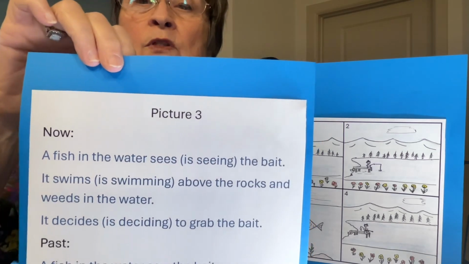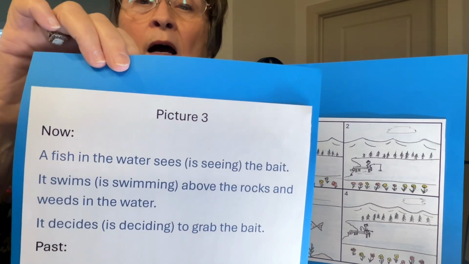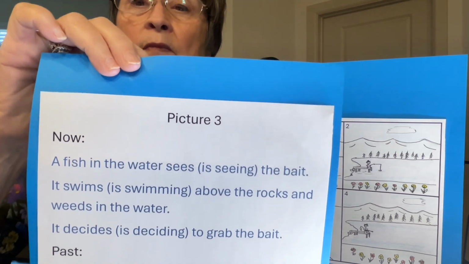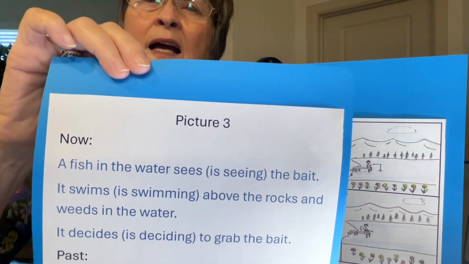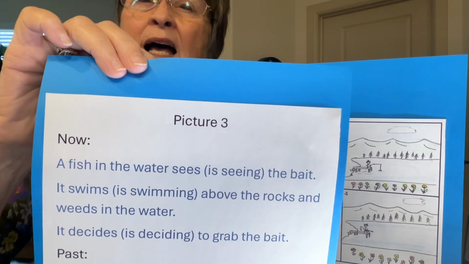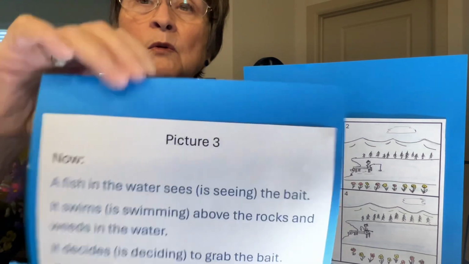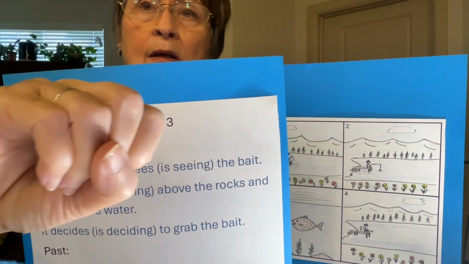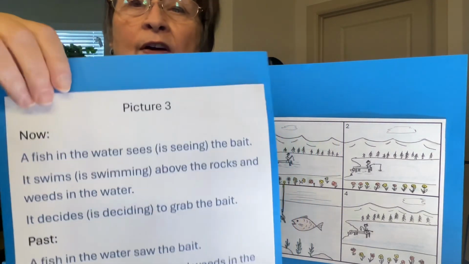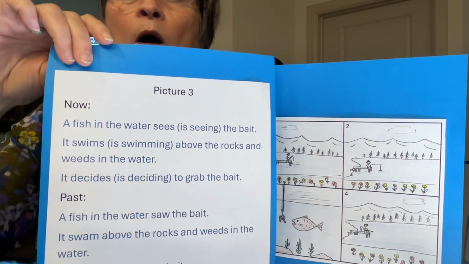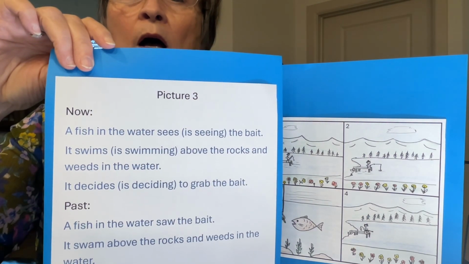It swims, or it is swimming above the rocks and weeds in the water. It decides, or it is deciding, to grab the bait. If I tell it in the past, a fish in the water saw the bait.